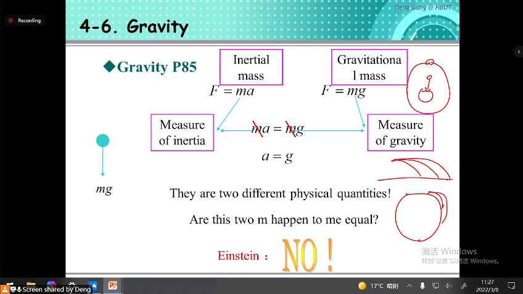If we throw it with very large speed, it will fall, but it will not land on the surface because it's a curved surface, and it will go on moving. It wants to fall, but it cannot fall. It will go around the Earth. So the difference between the apple and the moon is their horizontal velocity.